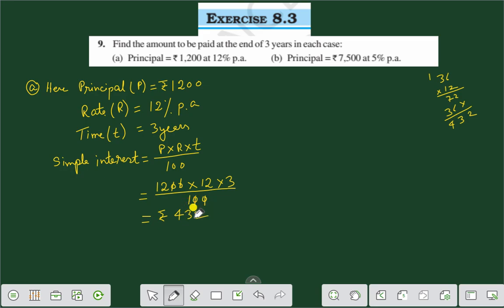And you know that amount is equal to principal plus simple interest.